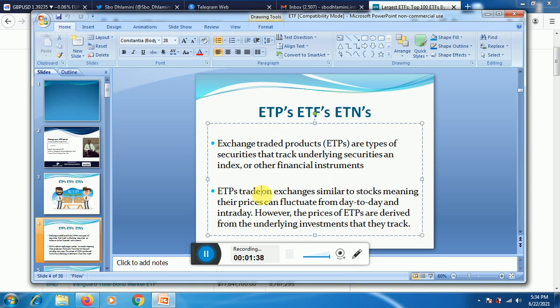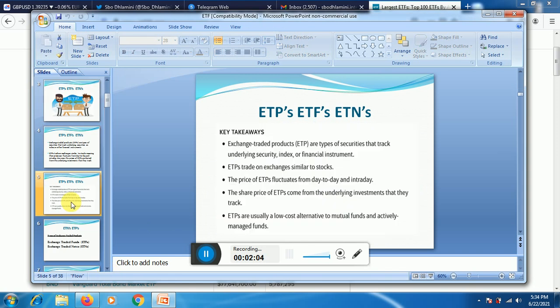ETPs trade on an exchange similar to stocks, meaning that their price can fluctuate from day to day and also with intraday movements as well.